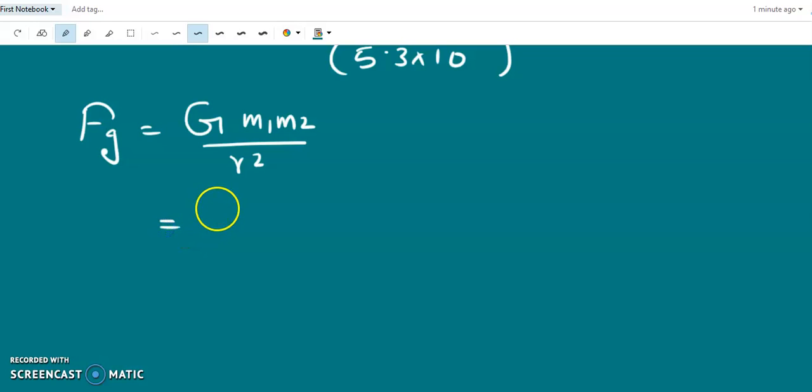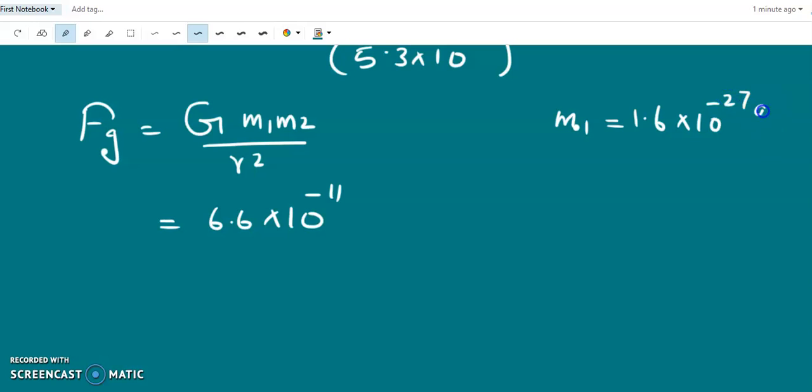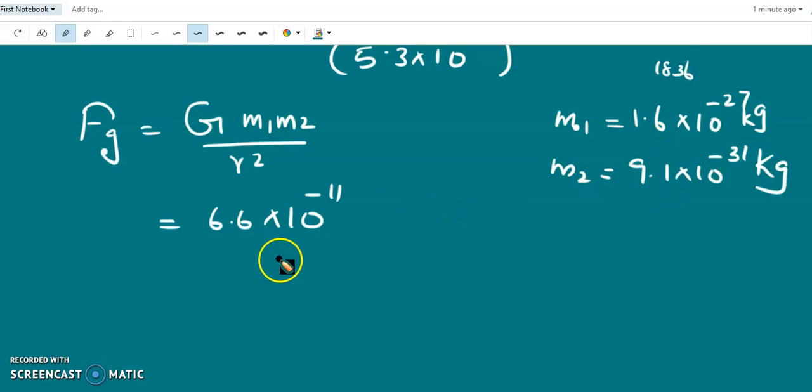Its value is 6.67 into 10 to the power minus 11, and m1 here is the mass of the proton, which is some 1.6 into 10 raised to minus 27 kilograms, and the mass of the electron is 9.1 into 10 raised to minus 31 kilograms. So the mass of the proton is some 1836 times the mass of the electron.